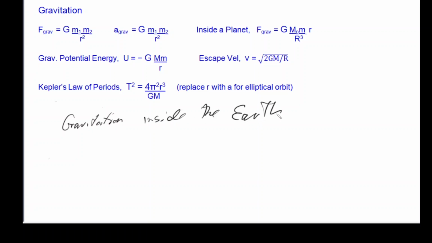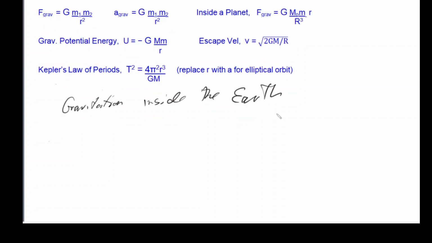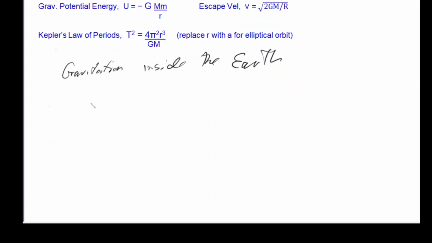So we're no longer on the surface or above the Earth. We're inside the Earth. So here's the surface of the Earth, and we've come down and we're inside the surface.